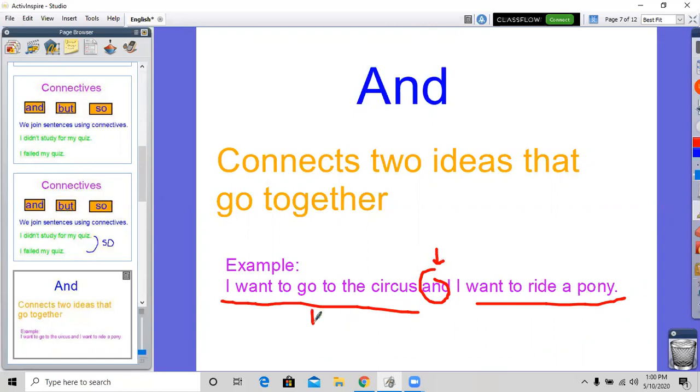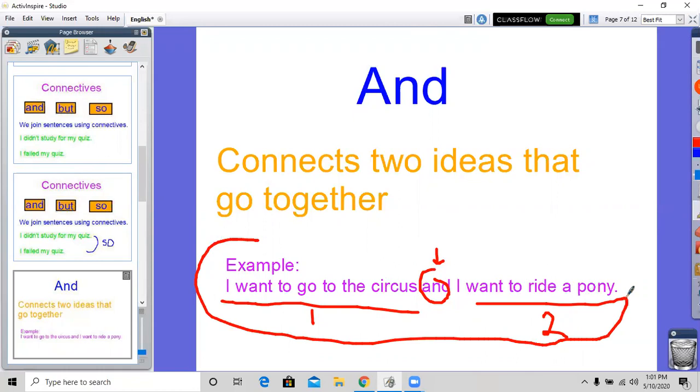Remember, this is a simple sentence and this is another simple sentence. We've got two simple sentences joined together with a connective, and now we call it a compound sentence.